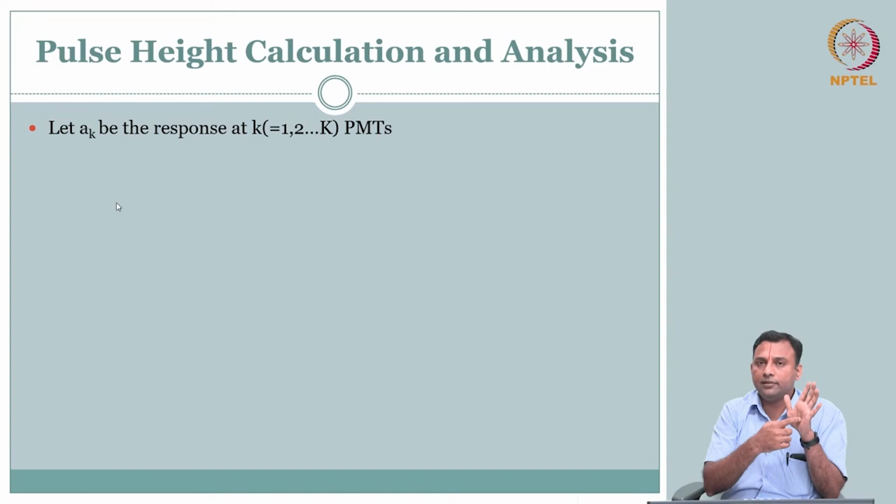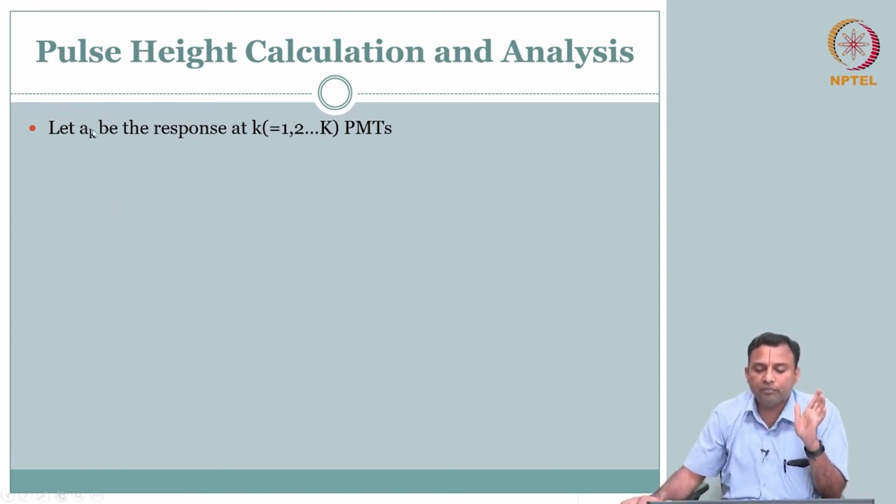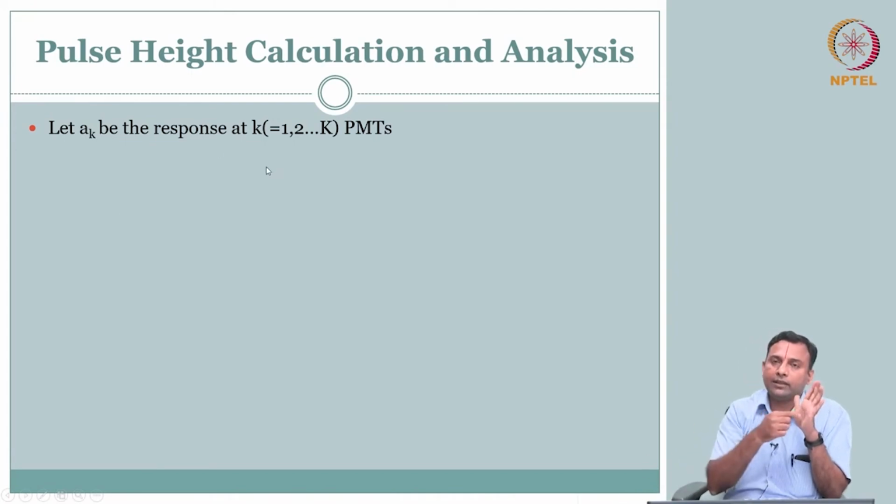So you have k photomultiplier tubes, and each one has an output signal coming. That output signal is in response to an input that came from a particular location in the crystal, directly in front of your collimator, in response to the gamma rays that entered through that.